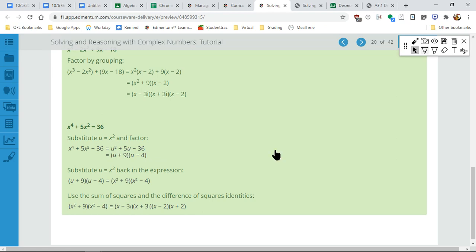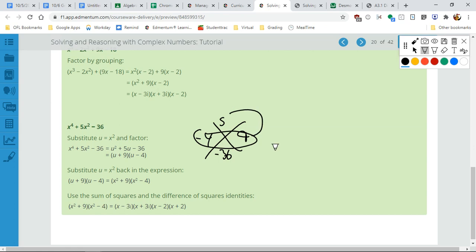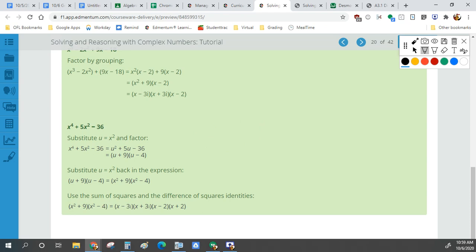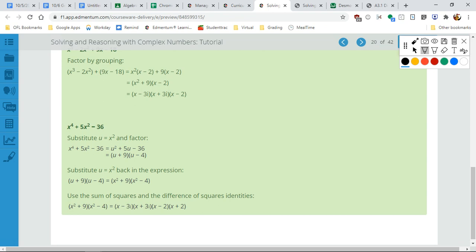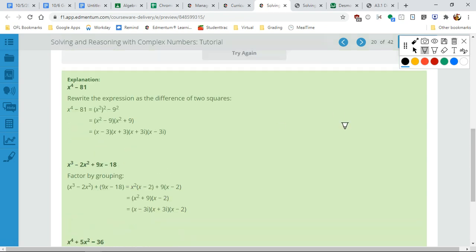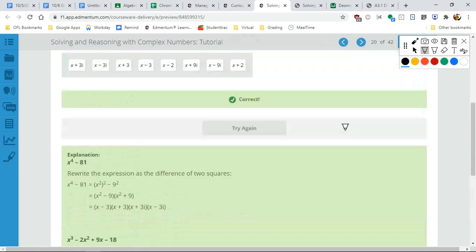You can also use the X method, because this would have been 5, and this would have been negative 36, and you'd think, that's negative 4 times 9. If you add these two together, you get 5. If you multiply them, you get that 36. I didn't cover the X method. I saw someone submit their work using the X method, and I should have covered that in class. So I'm going to start covering it.